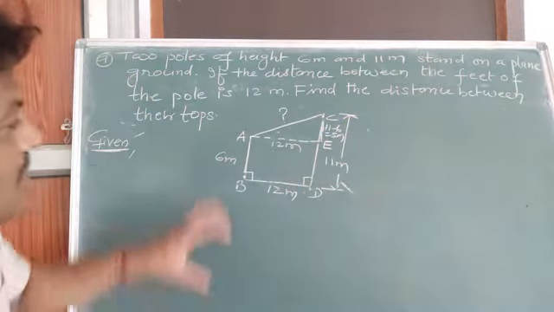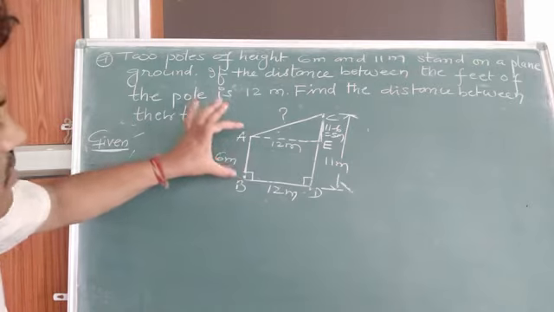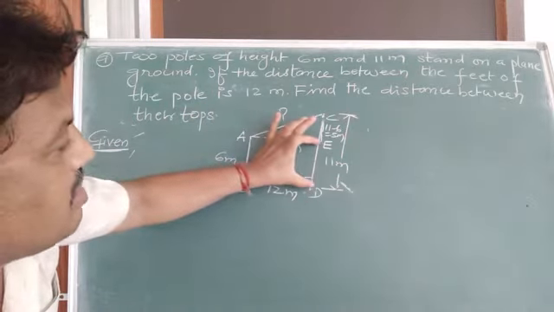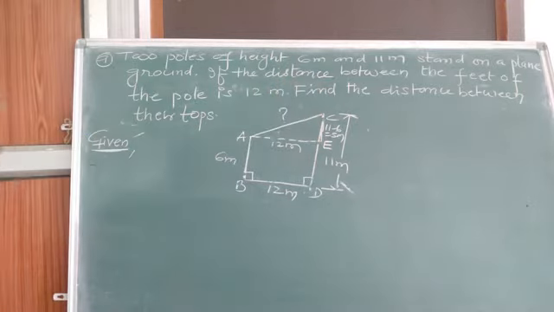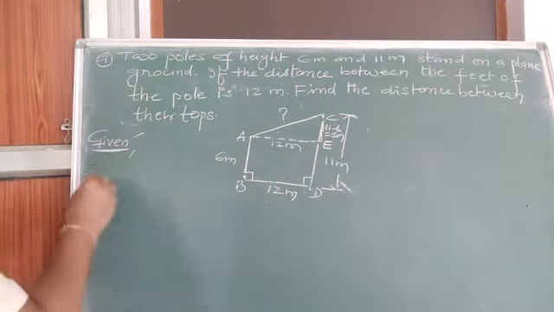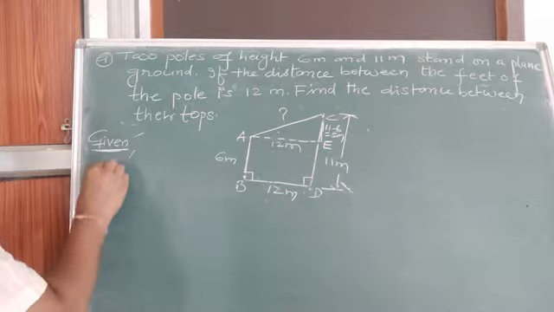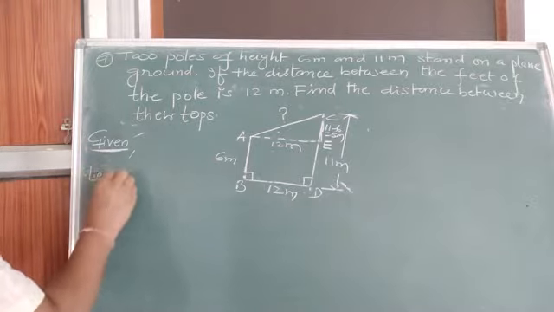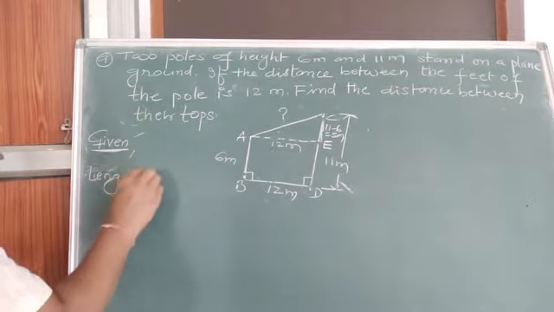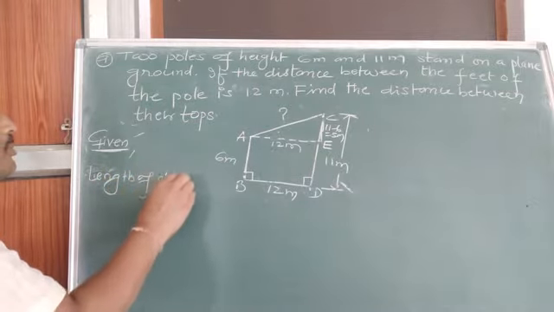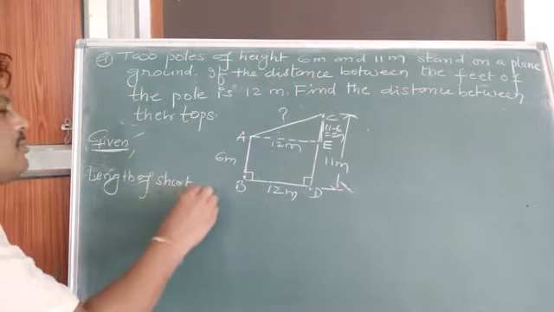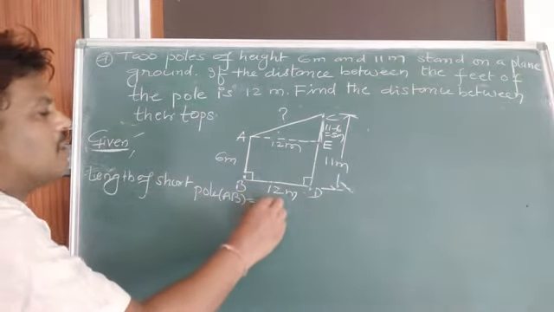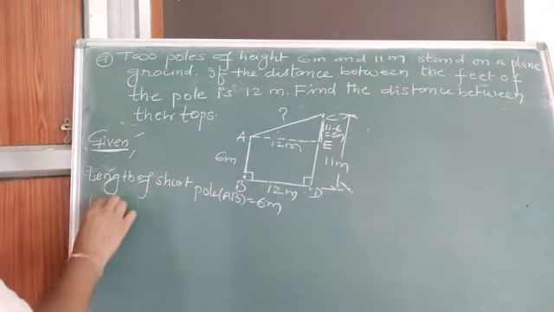Is it not? So here two poles are there, one 6 meter, one 11 meter. This straight length up to here is 6 meter. So here to here is 5 meter, children. So what? Length of the short pole AB is equal to 6 meter.